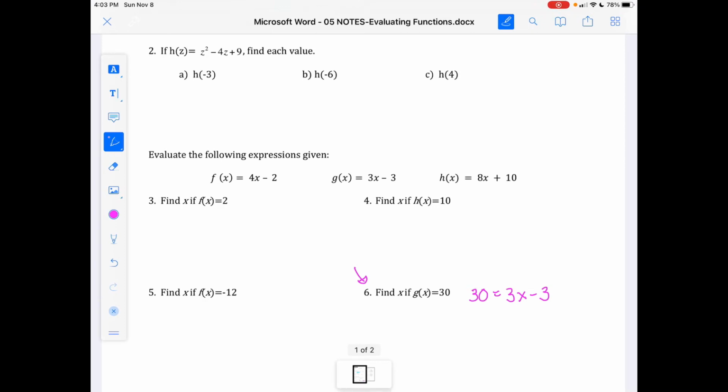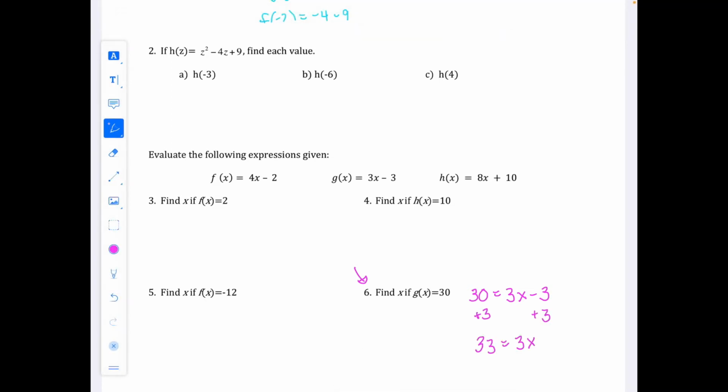So now we have to solve for x. So we add 3 to both sides, giving us 33 equals 3x. Next, we divide both sides by 3, giving us that 11 equals x, or we could write that as x equals 11.